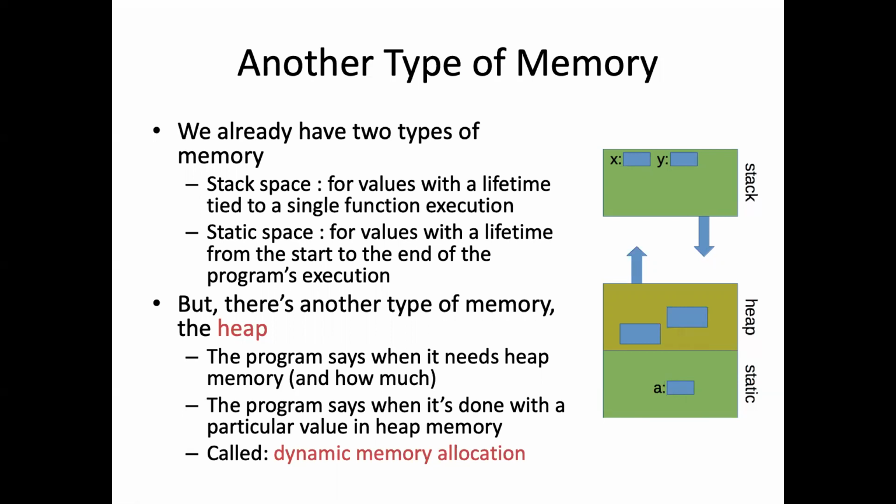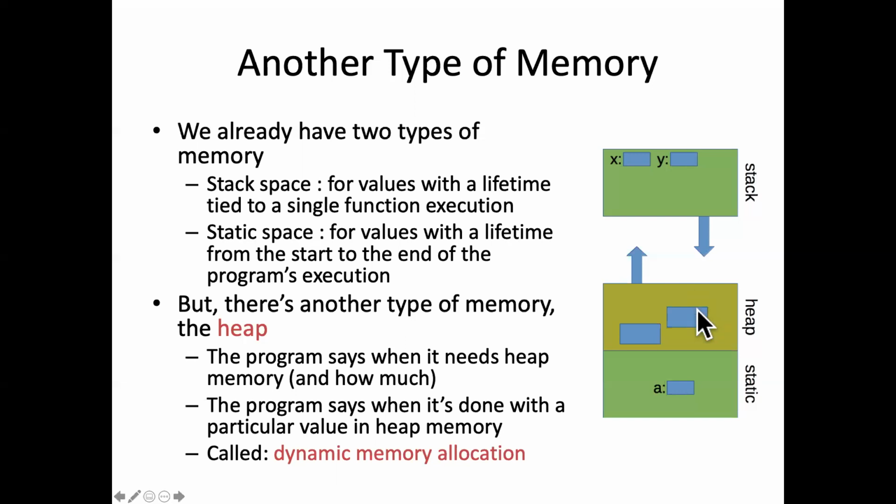What is the difference? Well, you already know the static region of memory. Anything that's allocated there gets allocated when your program starts up, before it even starts running. You know that variables in the stack region of memory get automatically created whenever you call a function that uses that variable, and they automatically go away when you leave that function.